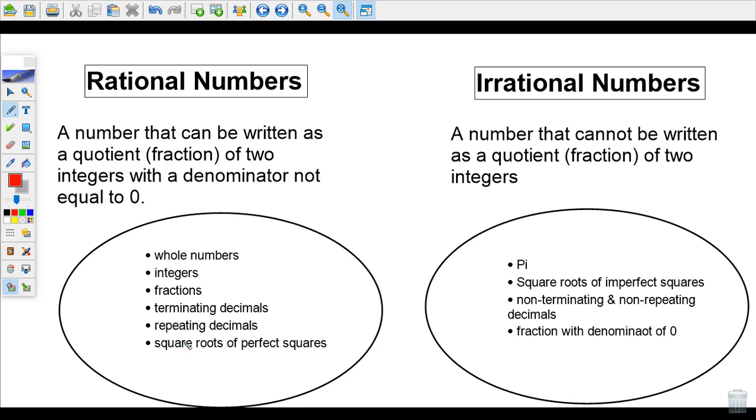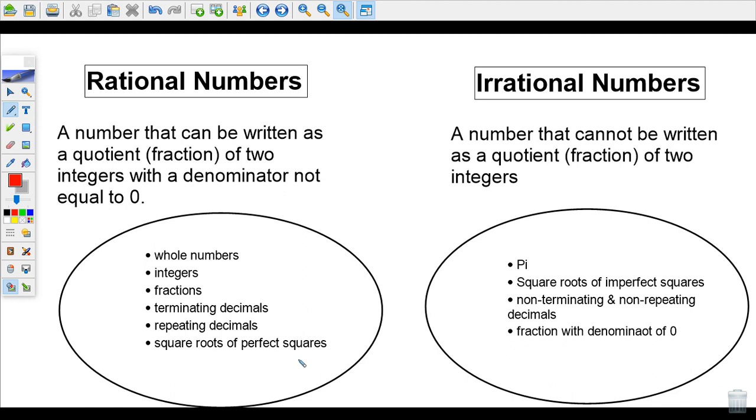And then also square roots of perfect squares. Perfect squares are 1, 4, 9, 16, 25, 36. The list keeps going. Perfect square basically means you can take the square root of it and your answer is a whole number. For instance, the square root of 25.